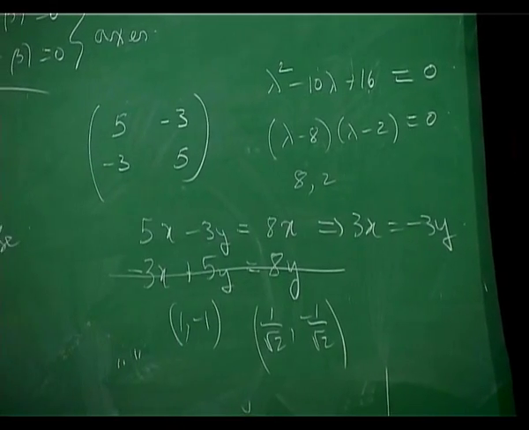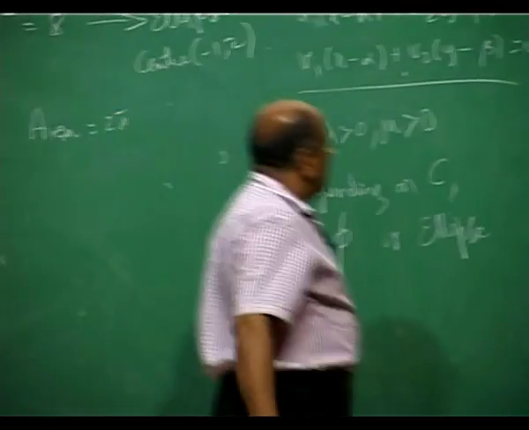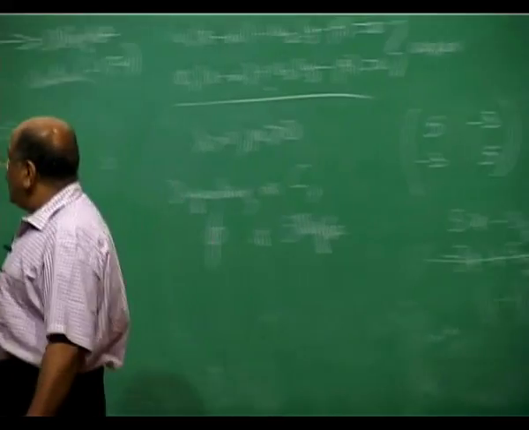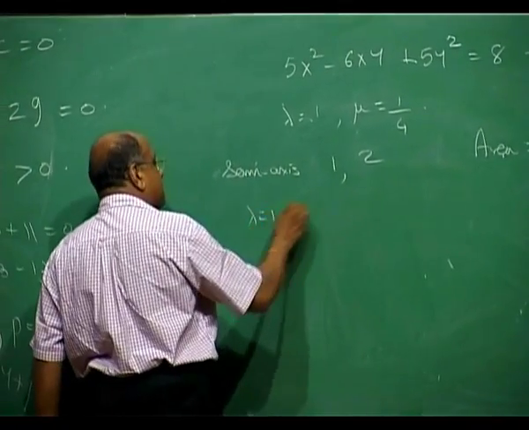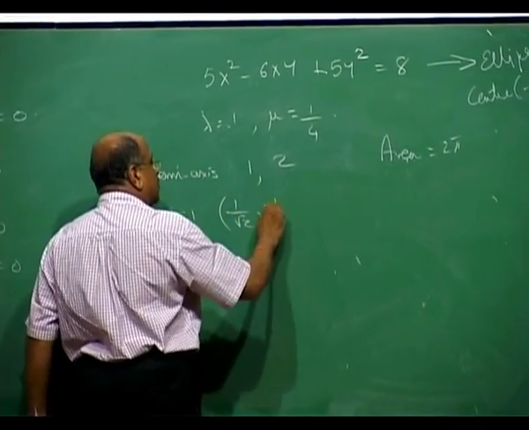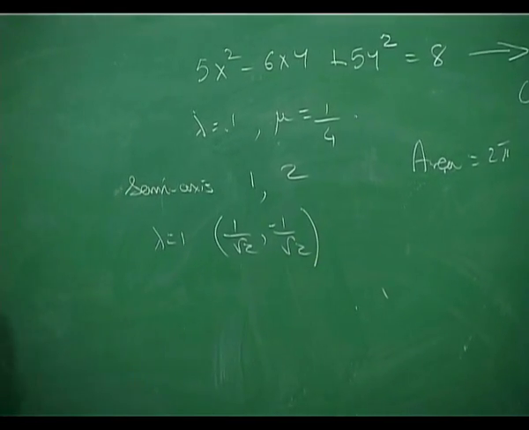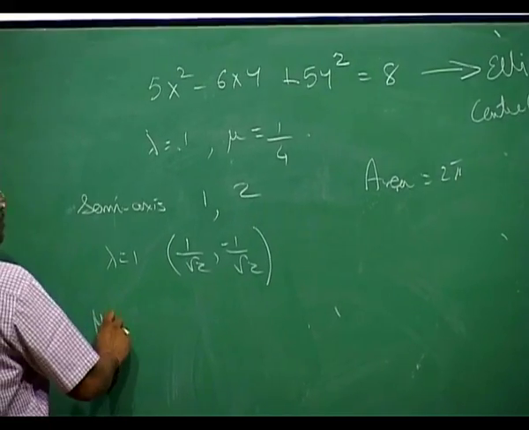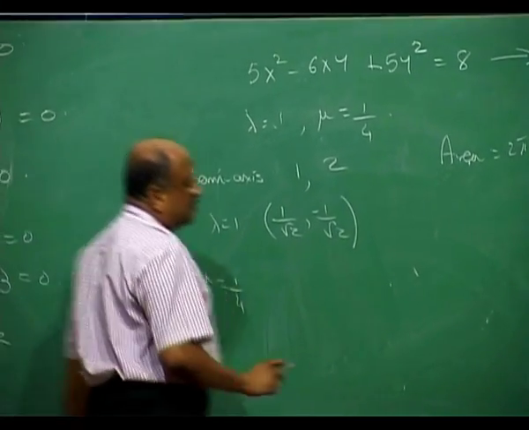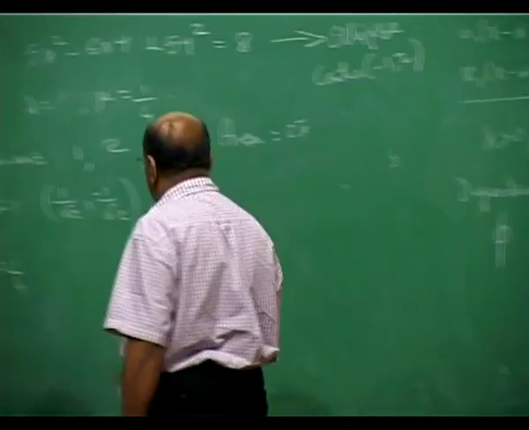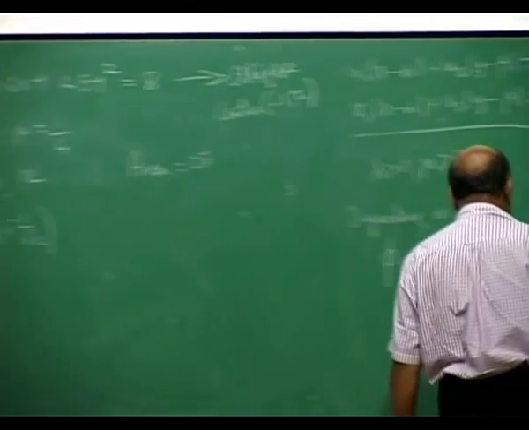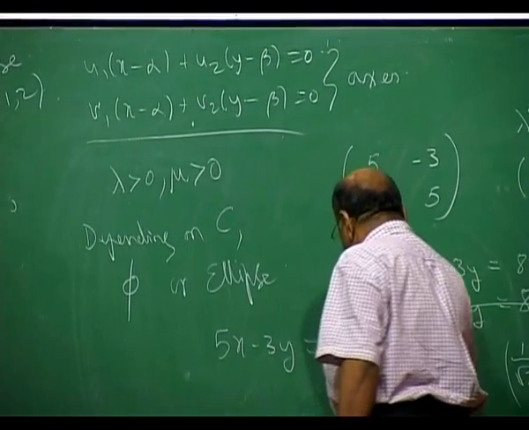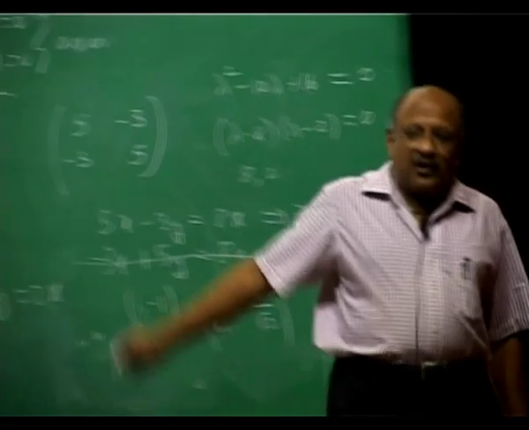So corresponding to lambda equals 1, which corresponds to lambda equals 8, you get 1 by root 2, minus 1 by root 2. Corresponding to mu equals 1 by 4, which corresponds to lambda equals 2, I will get 5x minus 3y equals 2x, and I don't have to write the other equation because it will be the same.